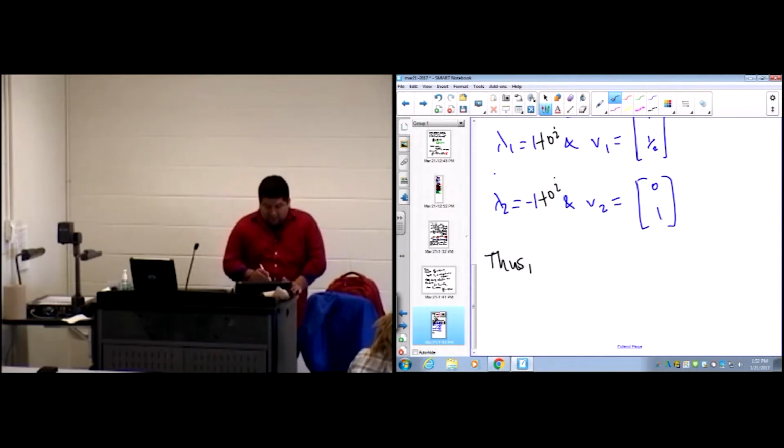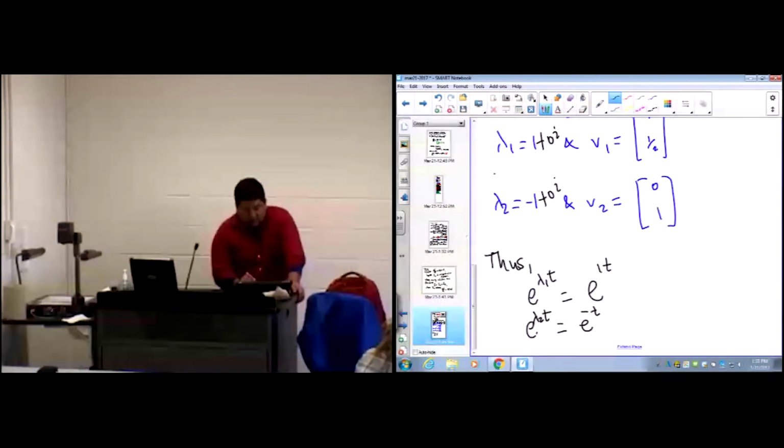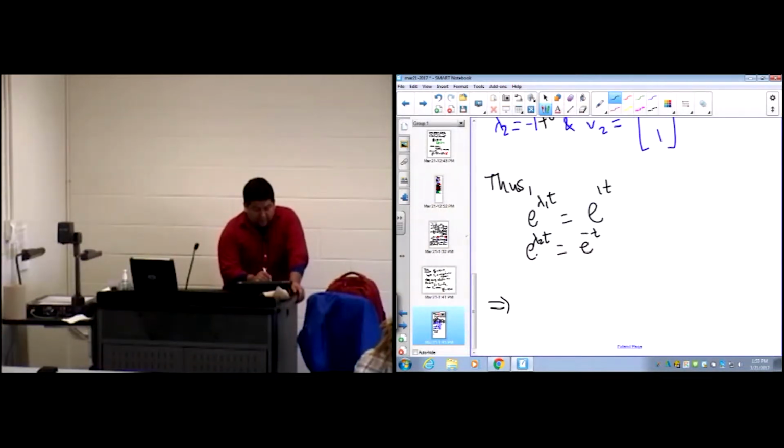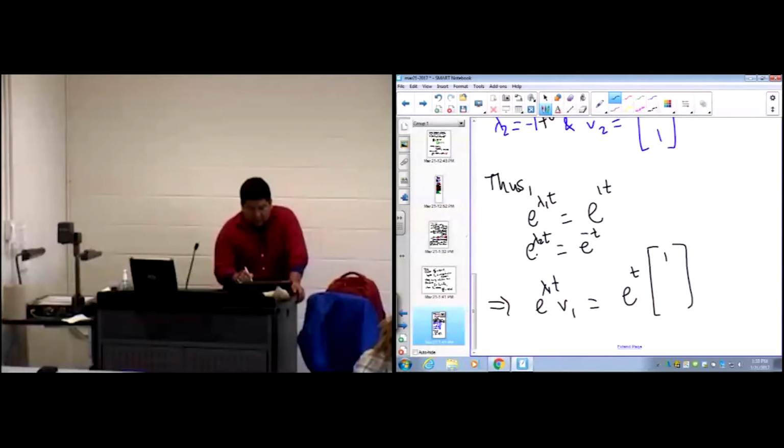and therefore e to the lambda 1 t times v1 will be e to the t times the vector 1, 1/2, and also e to the lambda 2 t times v2 is e to the minus t times vector 0, 1.